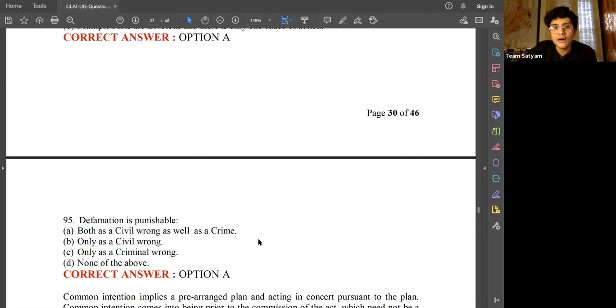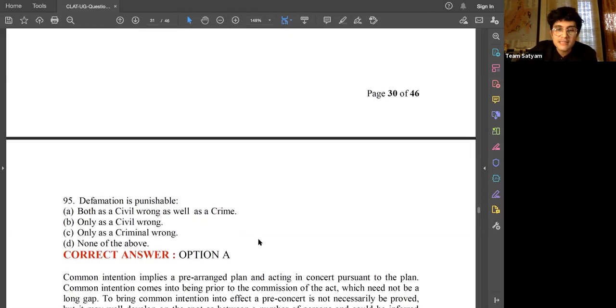But question number 95 is a perfect example of you being aware about something such as what defamation is punishable as. You could not have been aware of the nature of punishment of defamation had you not read about defamation as a tort and defamation as a crime.